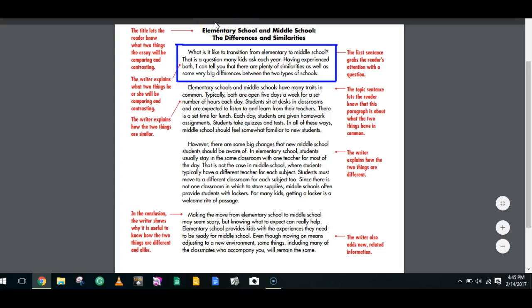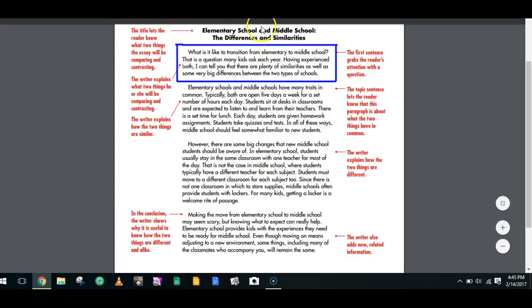And so I'll read it to you. It says, what is it like to transition from elementary to middle school? That is a question many kids ask each year. Having experienced both, I can tell you that there are plenty of similarities as well as some very big differences between the 2 types of schools.